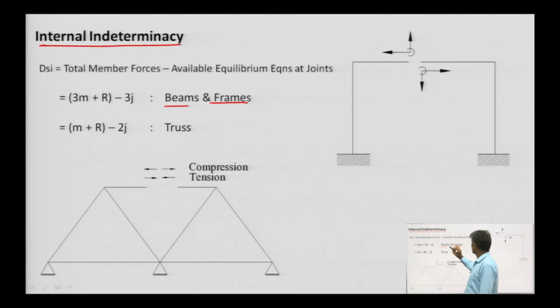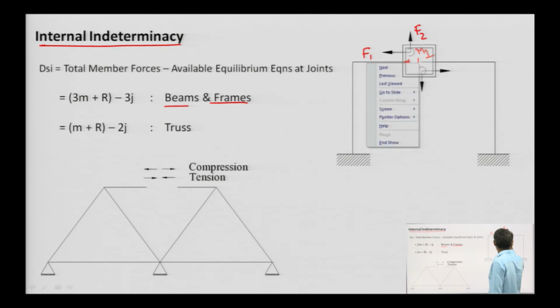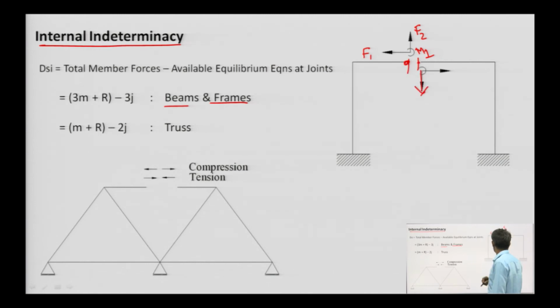In the case of a beam, if I put a cut, then this joint can have a horizontal force F1, F2 and suppose a moment M1, and this joint will have what values?